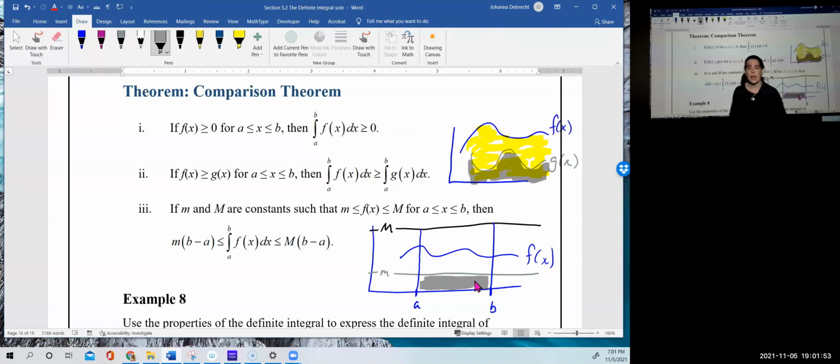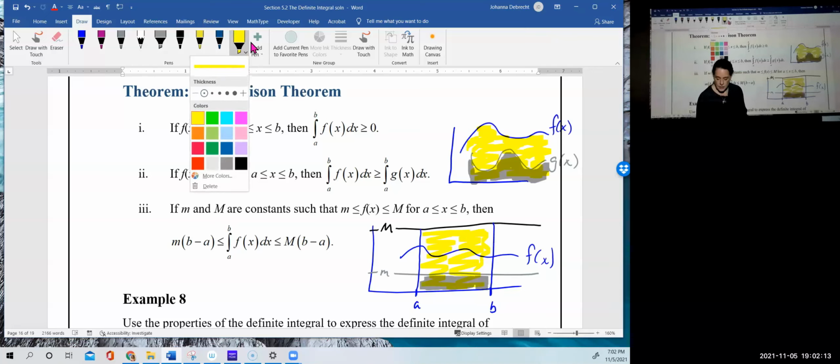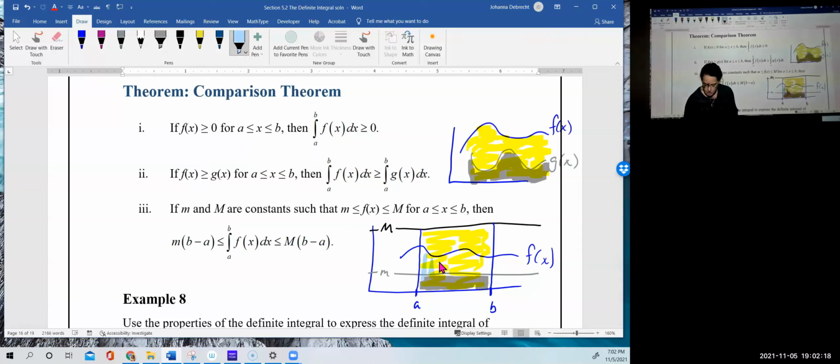This is b minus a times lowercase m, the area on the far left. And I've got a larger area here. If I take that area underneath the uppercase M, the one for f has to fit in between. So f is sort of in between the two. And let's make it blue. So the area for the function is between the areas of these two rectangles that you see on either side.